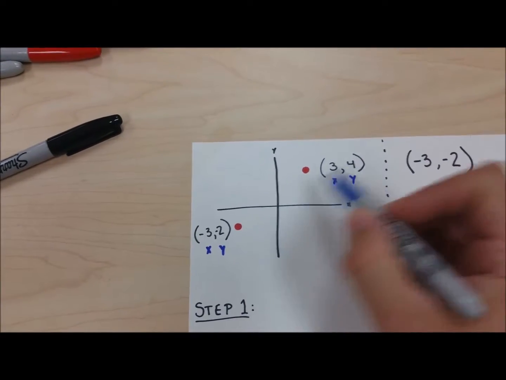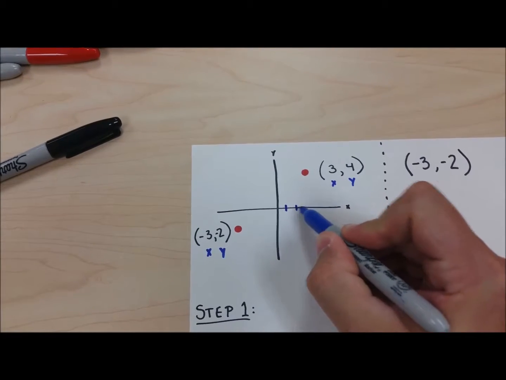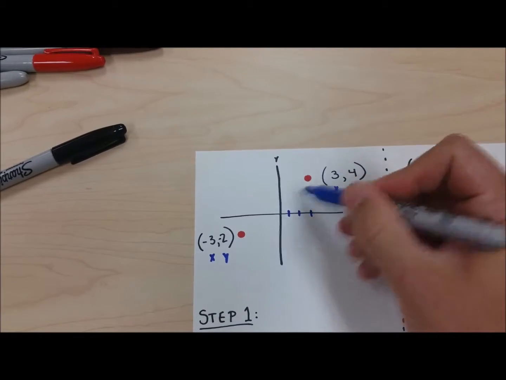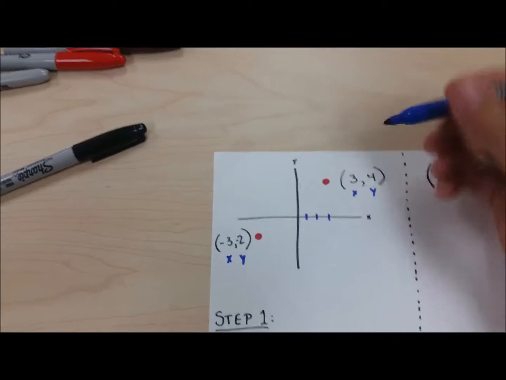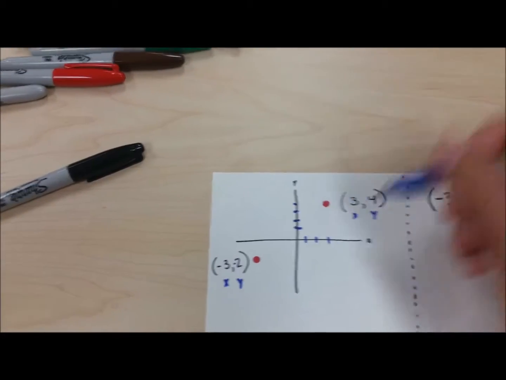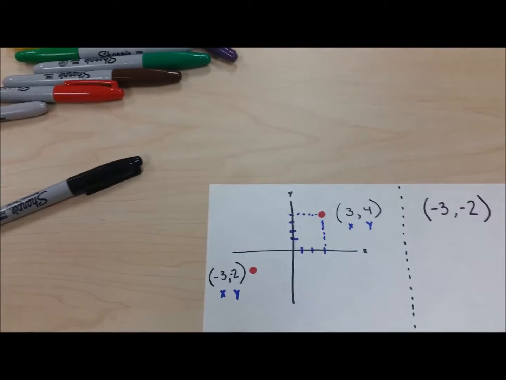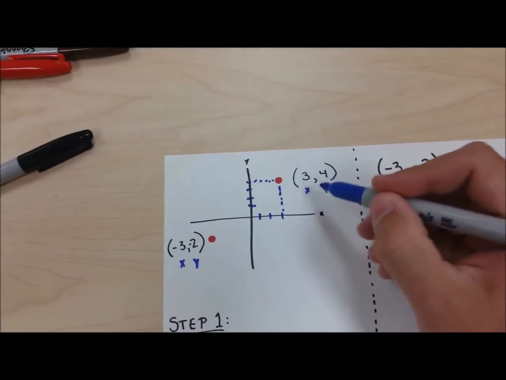And just to remind you how we find what these points are, we look on the coordinate plane. This is 1, 2, 3 away from the origin on the x-axis. And then on the y-axis, we go up 1, 2, 3, 4. And that's how we identify what this ordered pair is. The ordered pair, again, is just this point.